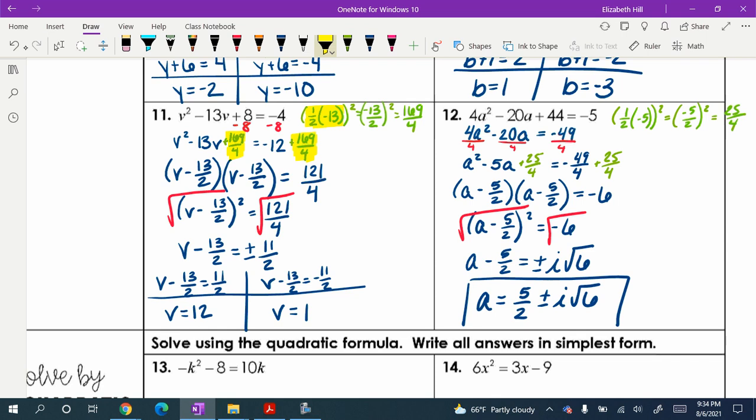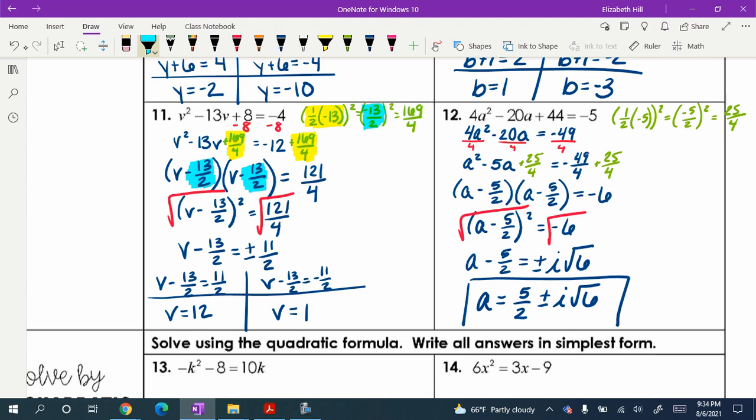Now remember, what I told you was that when you take 1/2 of that b value, that's an important number because that's what gets you that number that's in your factors. So you don't have to reinvent the wheel right there. Your factors are given to you. So as we work through this, we do get some nice numbers at the end, the 12 and the 1. Over on number 12, doing the same thing.